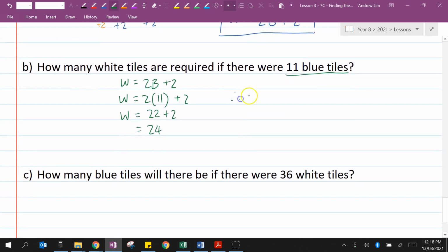So we can say, therefore, 24 white tiles are required.